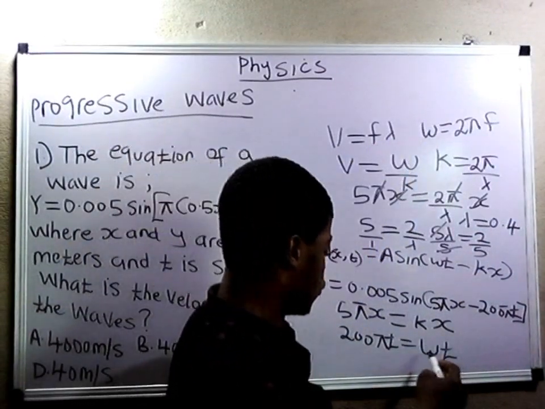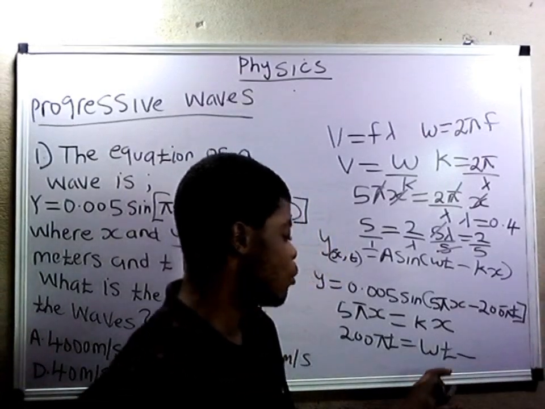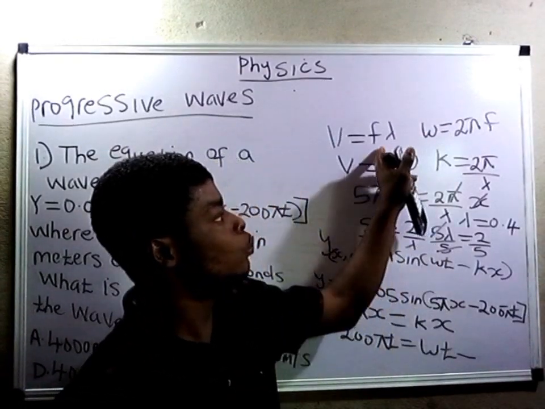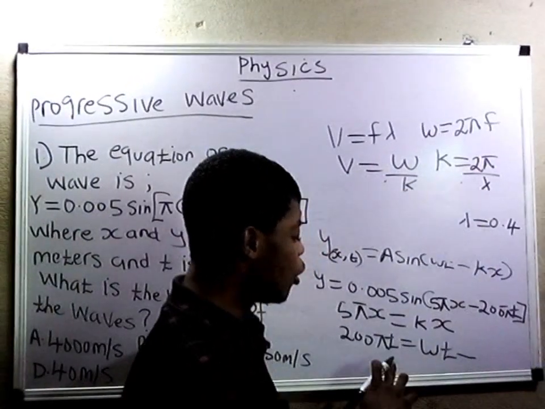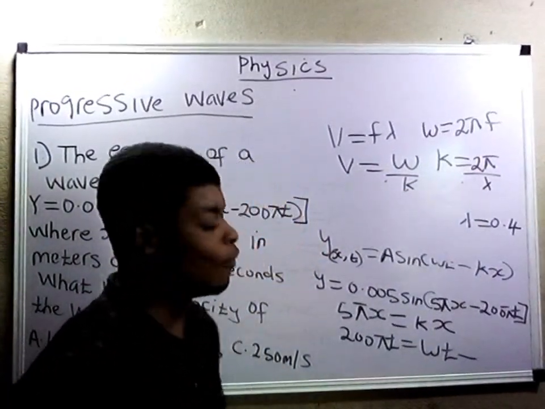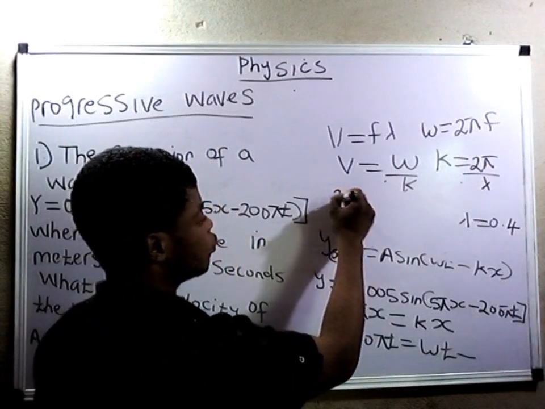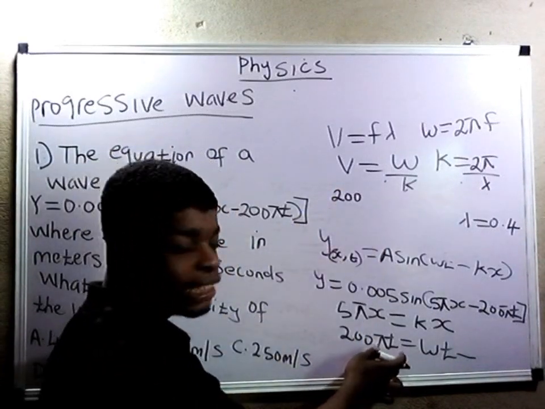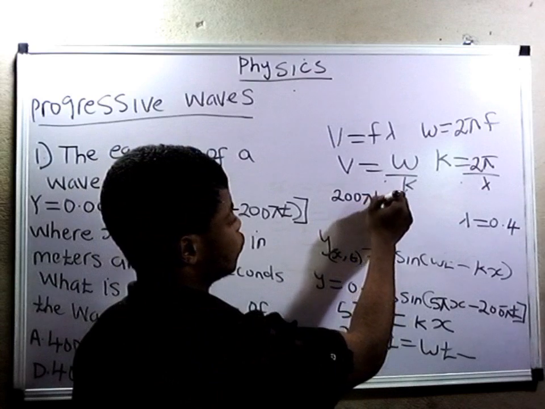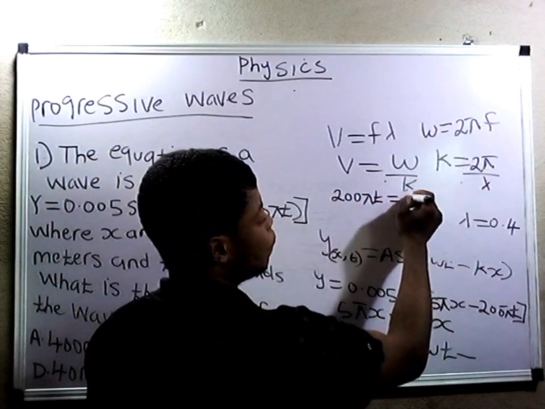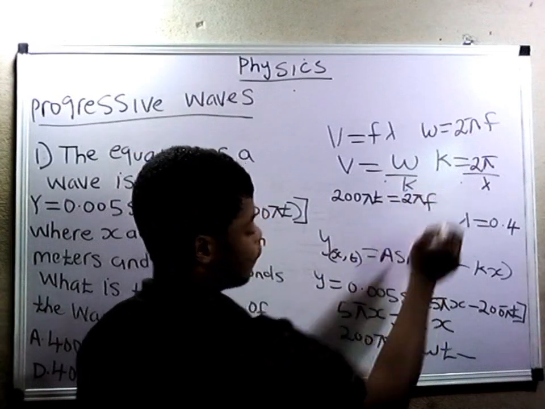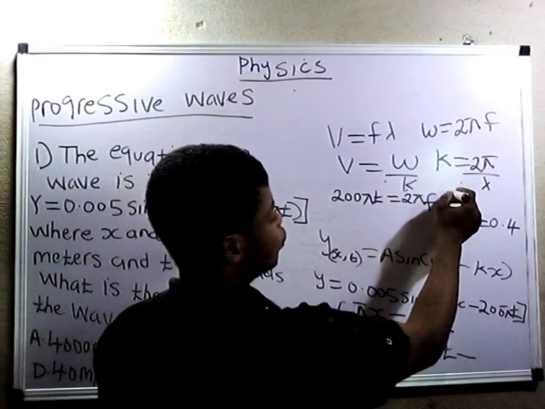So let's solve for this, so we get our frequency and multiply to get our velocity. Having the value for lambda, let's get the value for frequency. So 200 pi t equals wt. w is 2 pi f, so 2 pi f t.